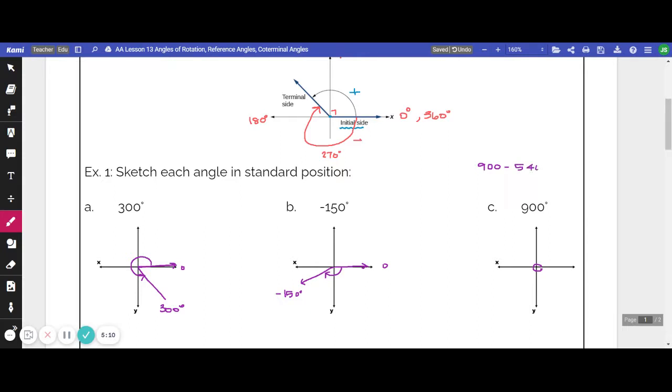So I still have another 540 degrees that I need to go, which is more than another rotation. So I'm going to go a whole second rotation around. That's been another 360. So 540 minus 360.